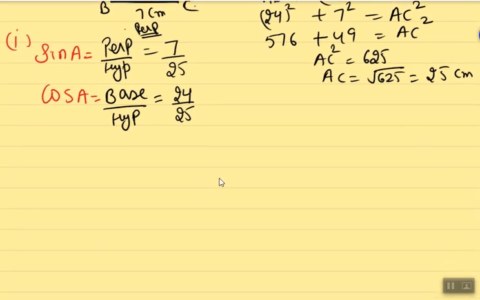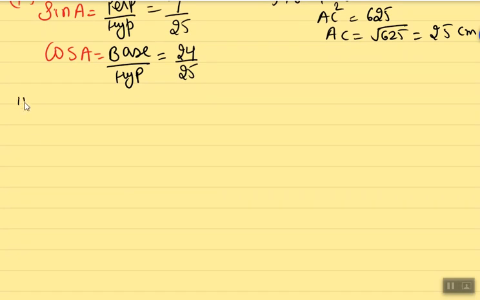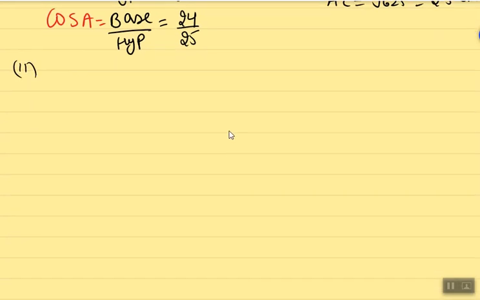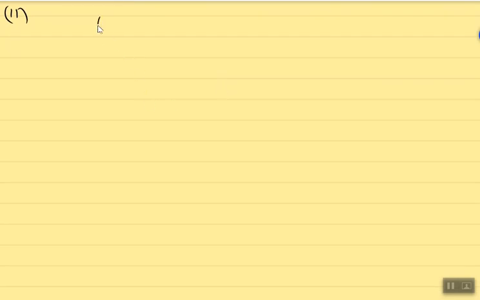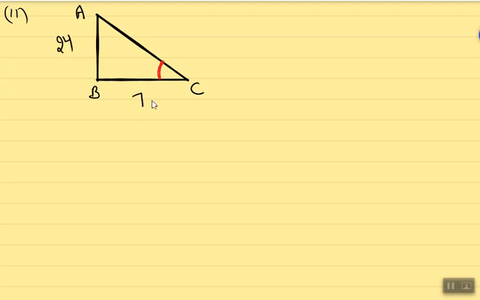Now let me do the second part. For the second part, I will draw another triangle. It is A, B, C. Now we will use angle C. Now we know that it is 24, it is 7 and it is 25.